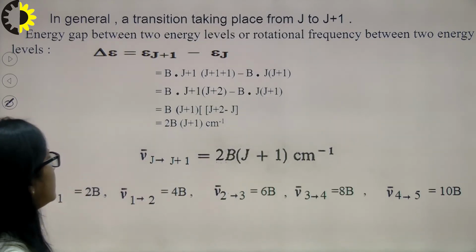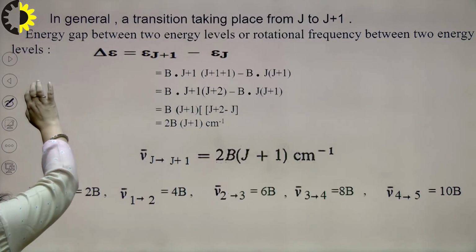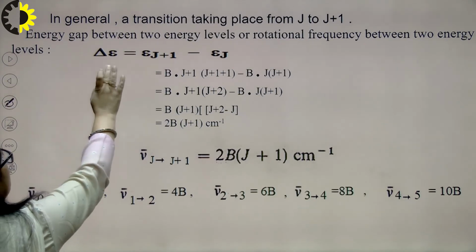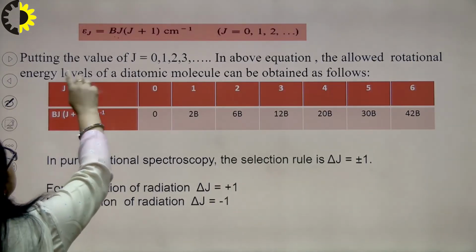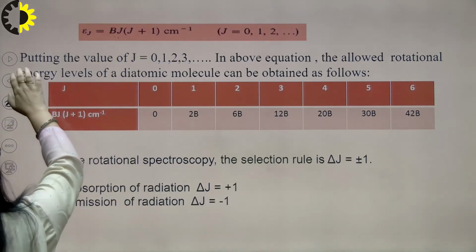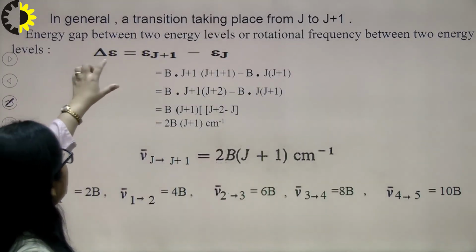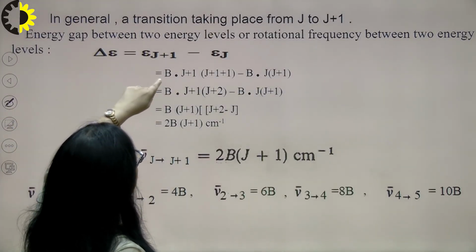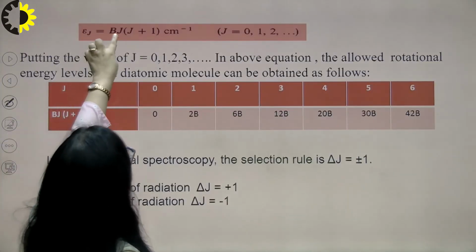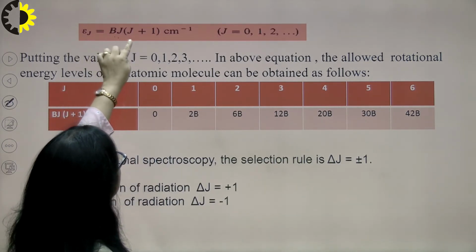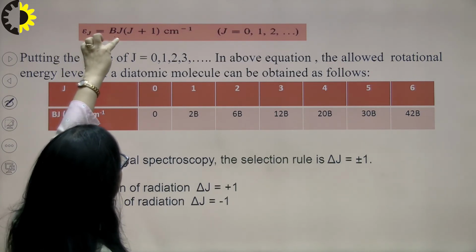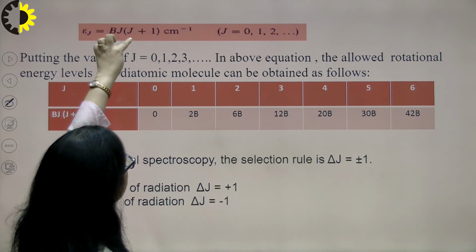Now, here Ej is given by Bj multiplied by j plus 1. So, Ej plus 1 will be given by Bj plus 1 into j plus 2.